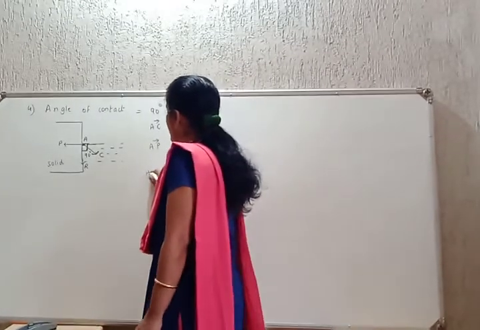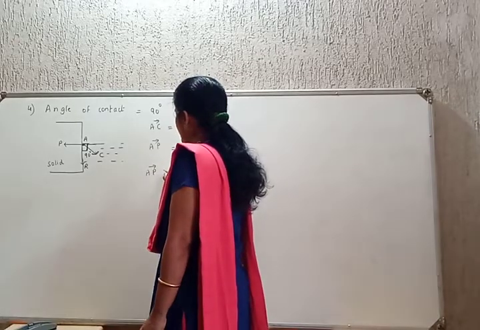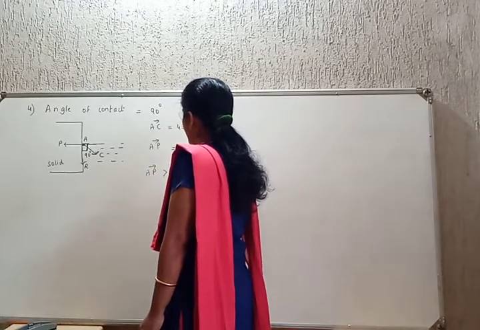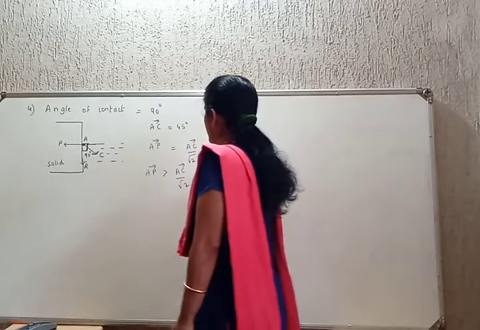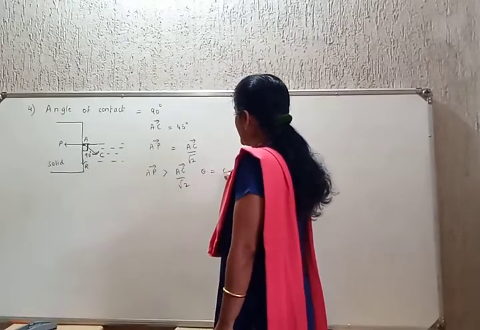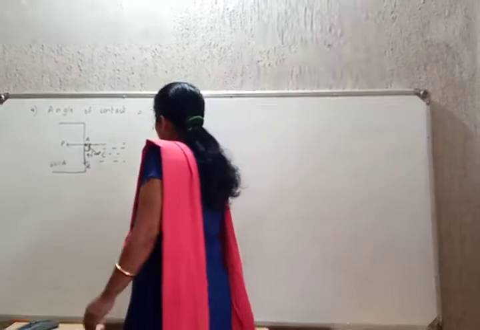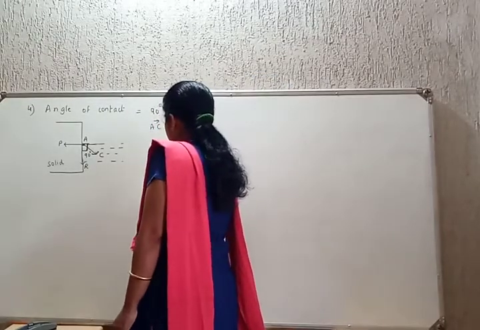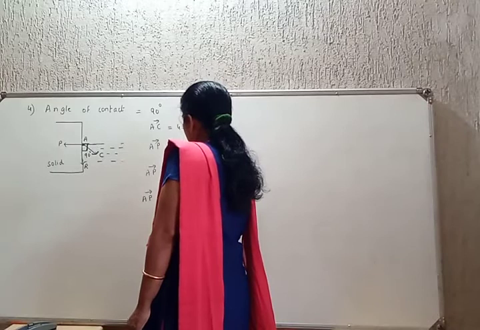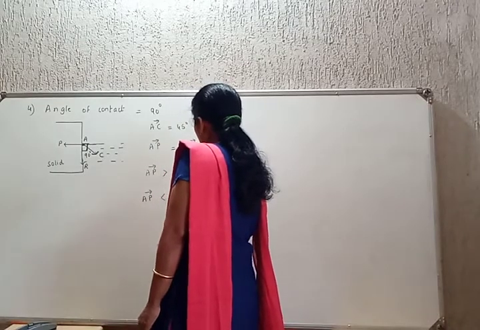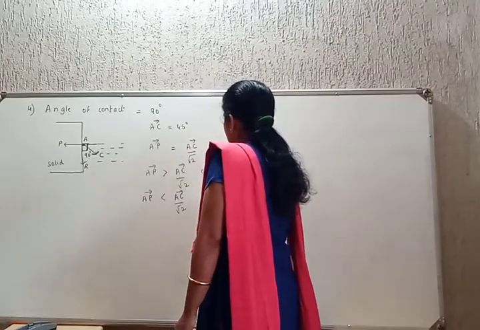Students, if vector AP is greater than vector AC divided by root 2, then angle of contact is acute. And if vector AP is less than vector AC upon root 2, angle of contact is obtuse.